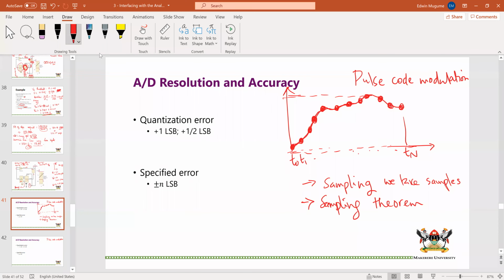At what rate should we sample? What should be the difference? The rate is 1 over time, really. A rate is like a frequency. What is the frequency or the rate at which we should take samples? The sampling theorem manages that rate. So it tells you, okay, if this is the signal, this should be its rate. Does anybody know what that sampling theorem states?